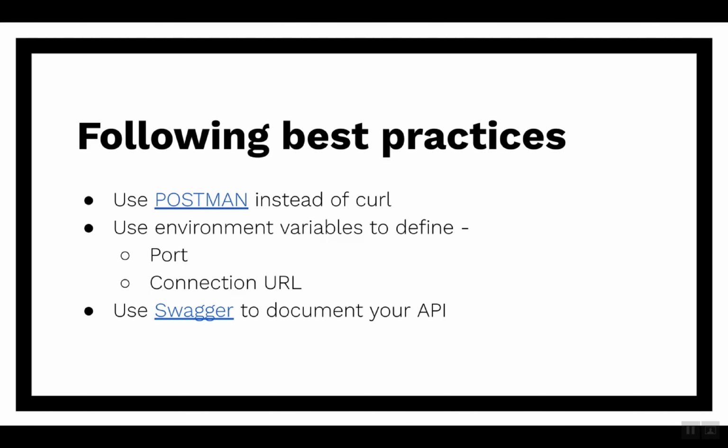You can use the environment variables to define port and connection URL, and use Swagger to document your API like we discussed in the last session. So that actually covers our Node.js project in detail. You can use different databases if you want, not just MySQL. And I encourage you to use different databases and work with multi-factor authentication as well. Try to implement multi-factor authentication in your system.